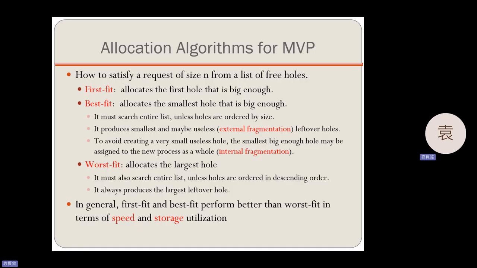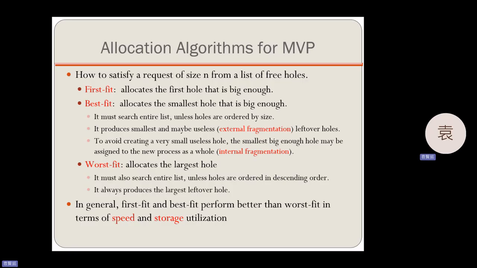That means the free list is sorted according to size, in ascending order. Then you search starting from the smaller free partitions to the bigger ones, so the first one that is big enough will be the smallest hole that is big enough.